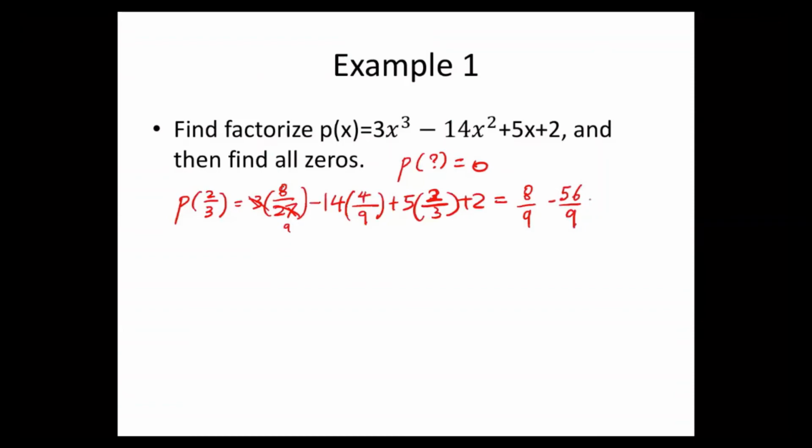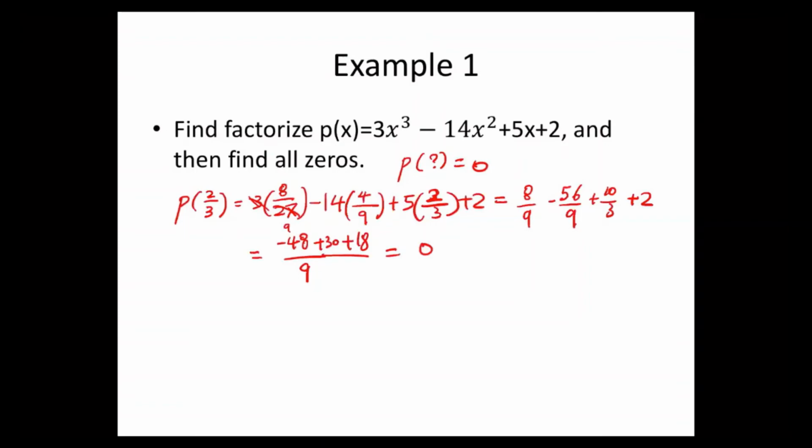Then you have 10/3 plus 2, which you can unify with 9 as the bottom for all of them. So -49 on top, and then 30 plus 18, which means 0. So we just confirmed that 2/3 is your 0.